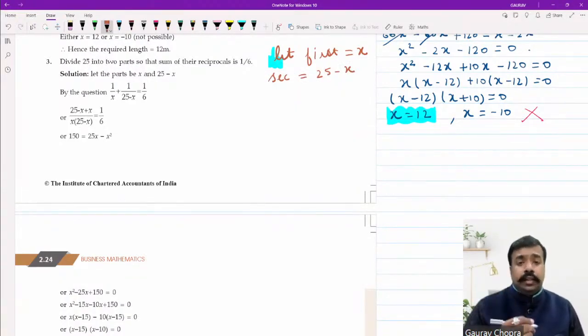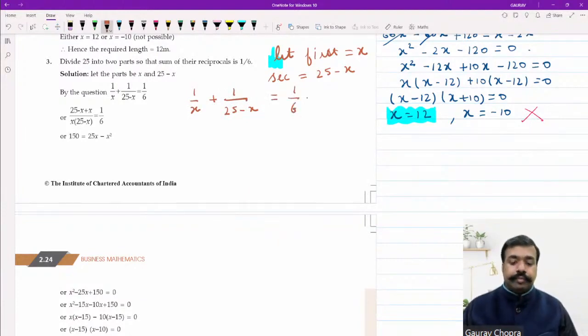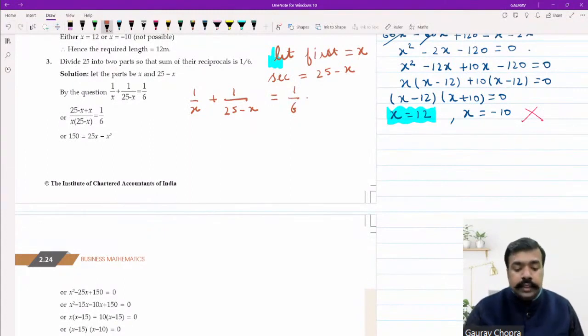If we add their reciprocals, that means 1 by x plus 1 upon 25 minus x, the sum will be 1 by 6. Now we can take the LCM, so x multiplied by 25 minus x.